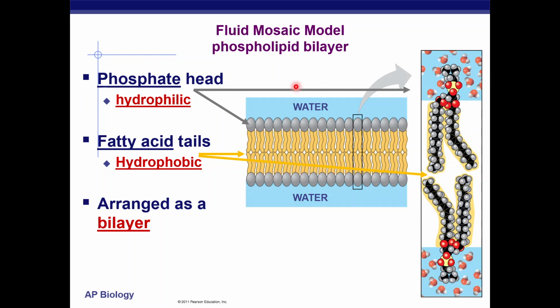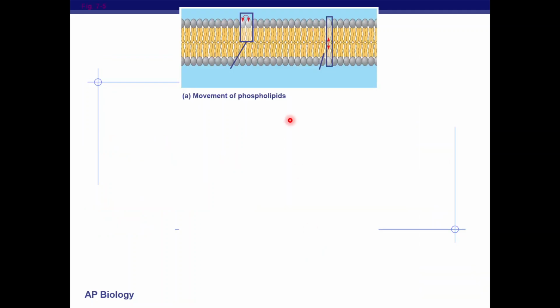Now the reason why they call it a fluid mosaic model is because this is not solid in its orientation. So the phospholipids that are within that membrane actually move around. In a membrane, there are weak hydrophobic interactions, and it can allow lateral movement. So it's going to allow movement from side to side.